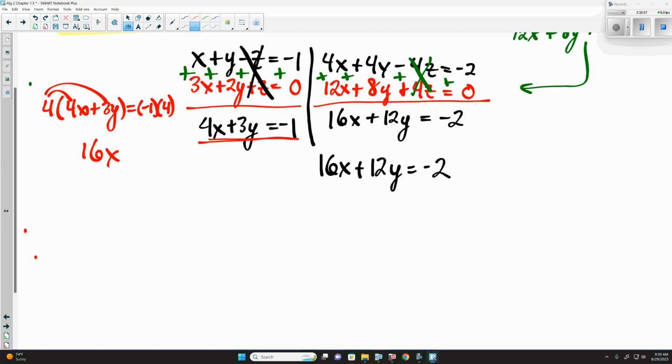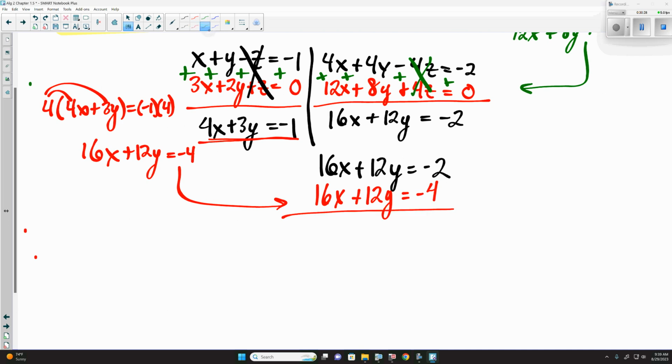We have the same number in front of x, yes? 4 times 3y is 12y, and 4 times negative 1 is negative 4. We can put it underneath. Questions on this so far?